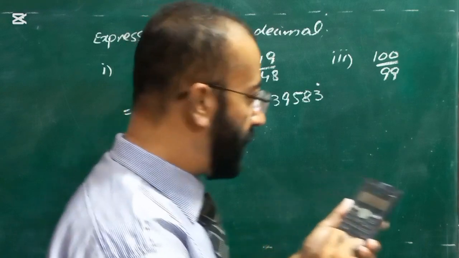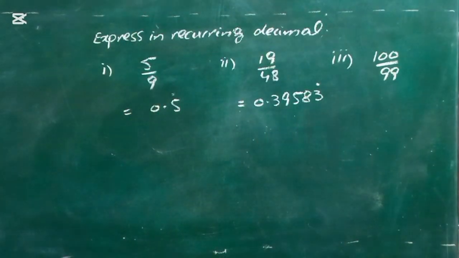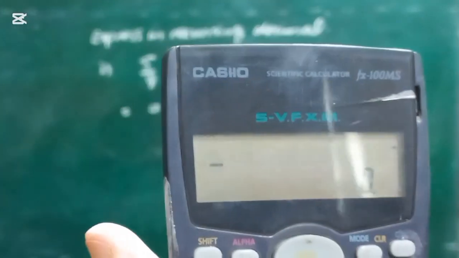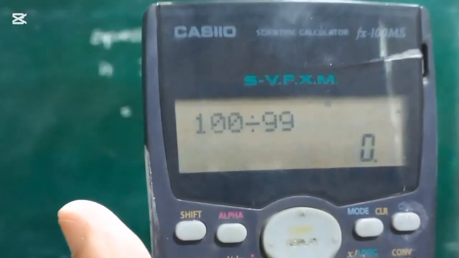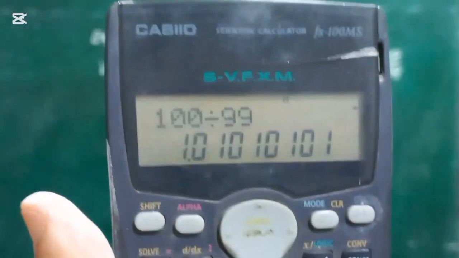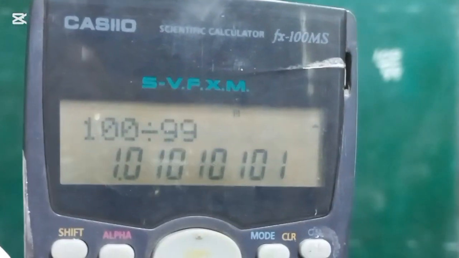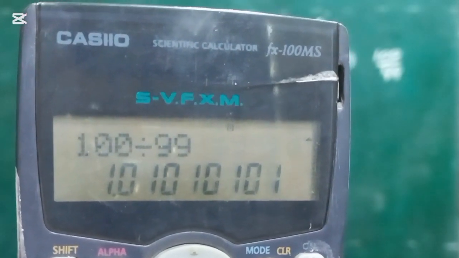So the next question is 100 by 99. So look now, 100 by 99, the answer is 1.01010101.